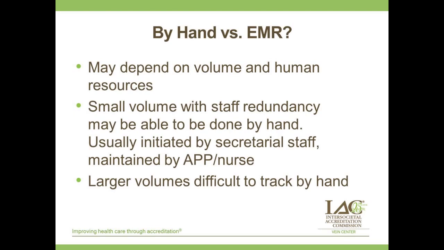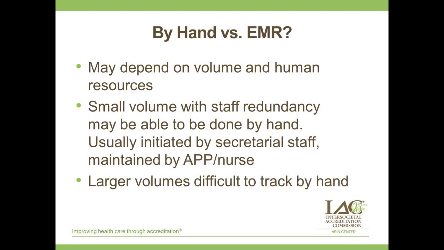This is usually initiated by the secretarial staff as they put a log together and may create forms that can then be maintained by any clinician. In our vein centers, we've found that APPs or nurses are excellent people to put in charge of tracking and collating this information and then reporting it back to the group.